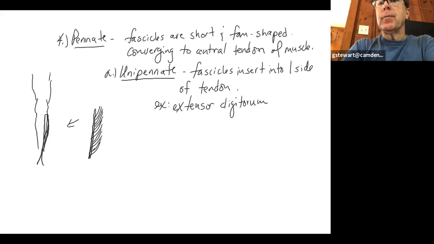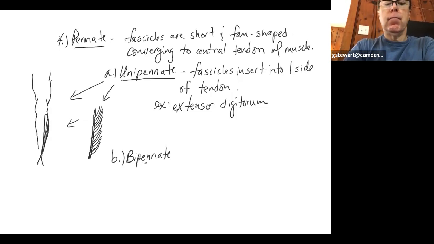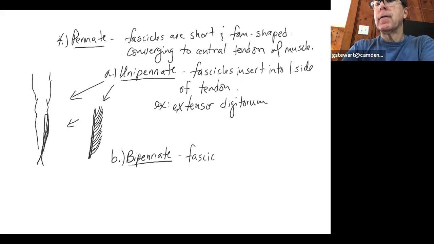Bipennate. So I'm going to put a lowercase b here. This is more classic looking. So the fascicles insert from both sides of the muscle's central tendon.